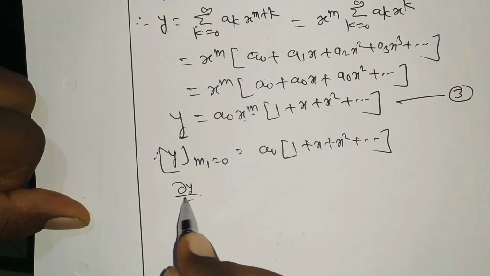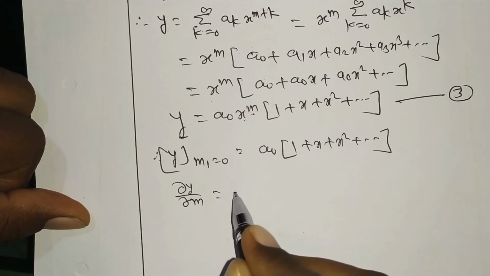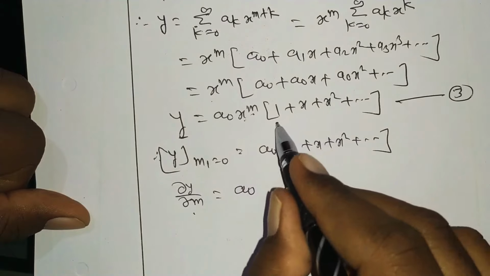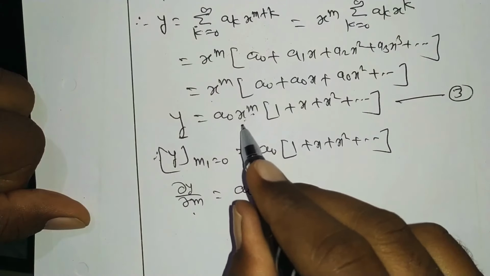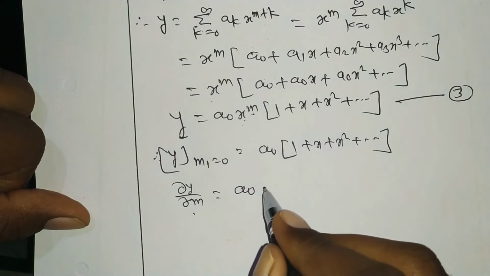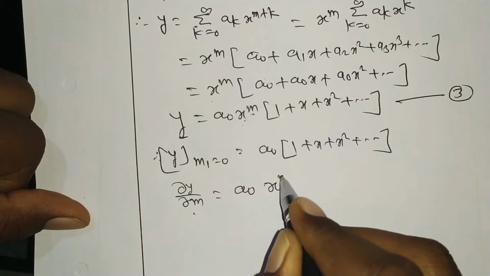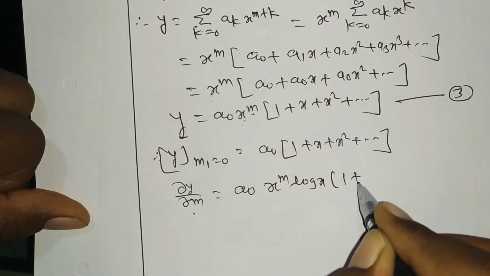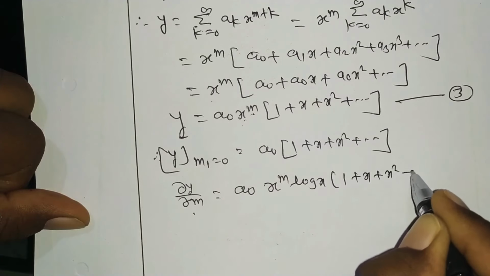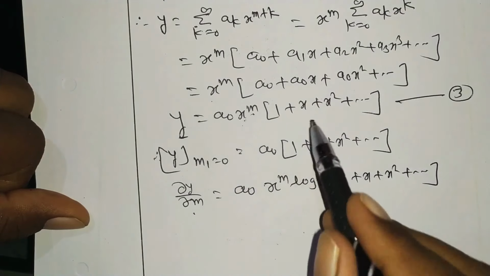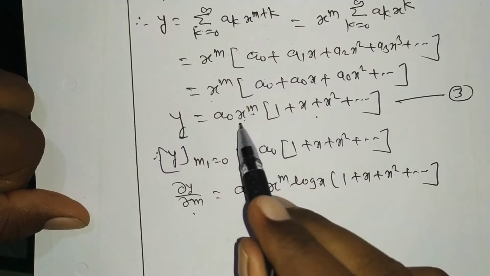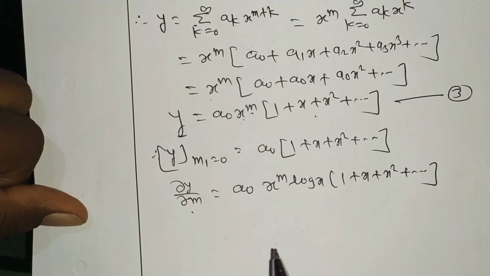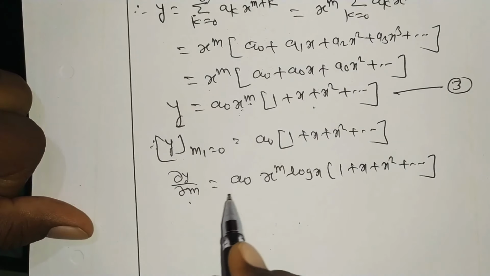Therefore ∂y/∂m is equal to a0, and the total bracket is constant, only take the derivative of x raised to m with respect to m, which is x raised to m into log x, into this bracket 1 plus x plus x square plus so on. In some problems m appears in the bracket, so we take the derivative of that using the u into v rule.